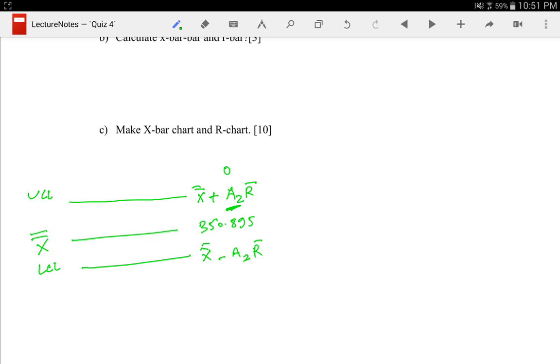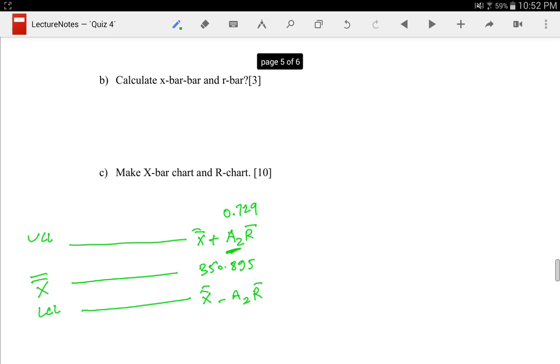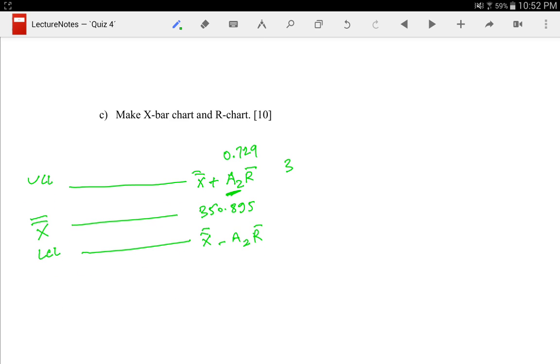Computer is trying to autosave every time. So you can do the math. X bar bar, you already have it. A2, you already have it now. R bar is 0.74. So you can put this into the equation as 350.895 plus 0.729 multiplied by 0.74.